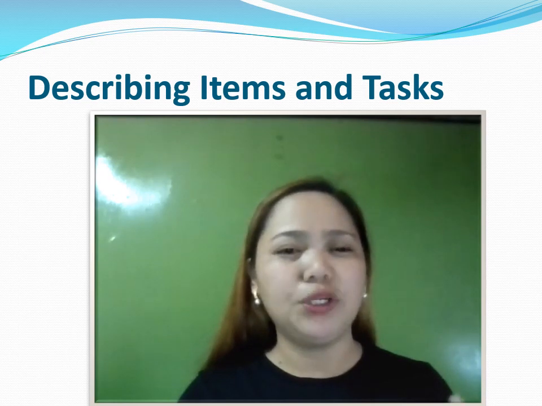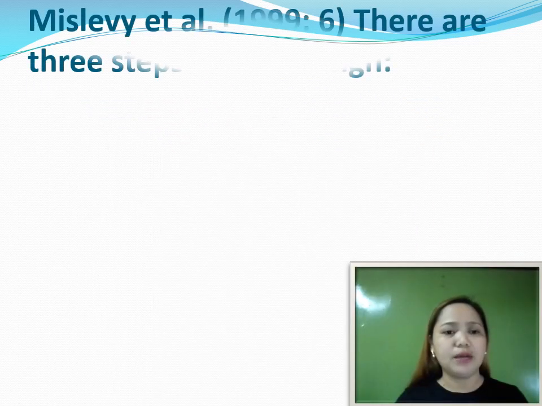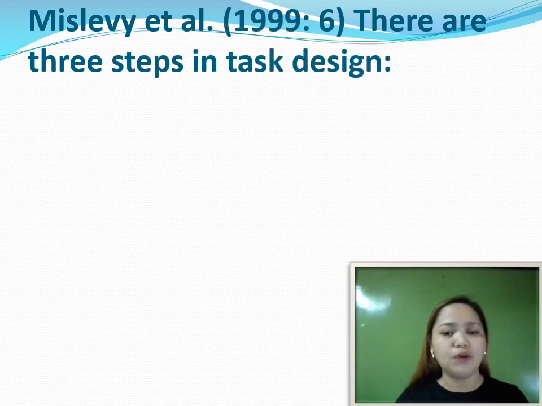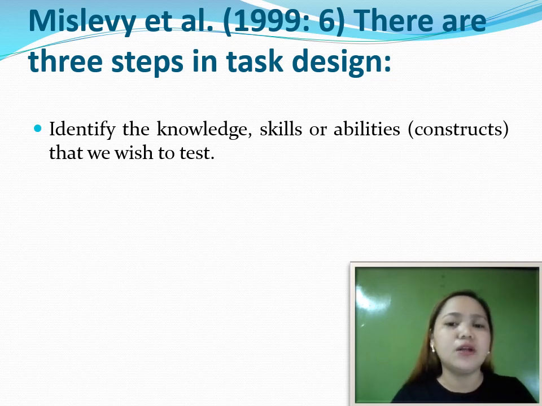Now how do we describe items and tasks? In describing items and tasks, we have three steps to discuss according to Ms. Levy. First, identify the knowledge, skills, or abilities, or the constructs that we wish to test.